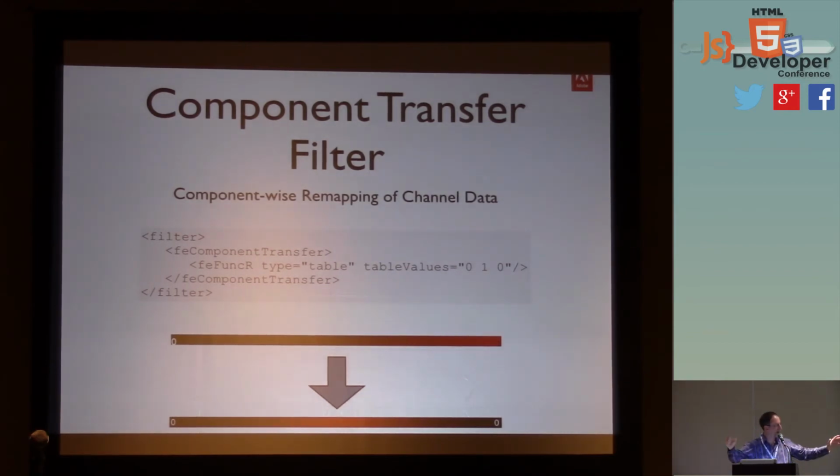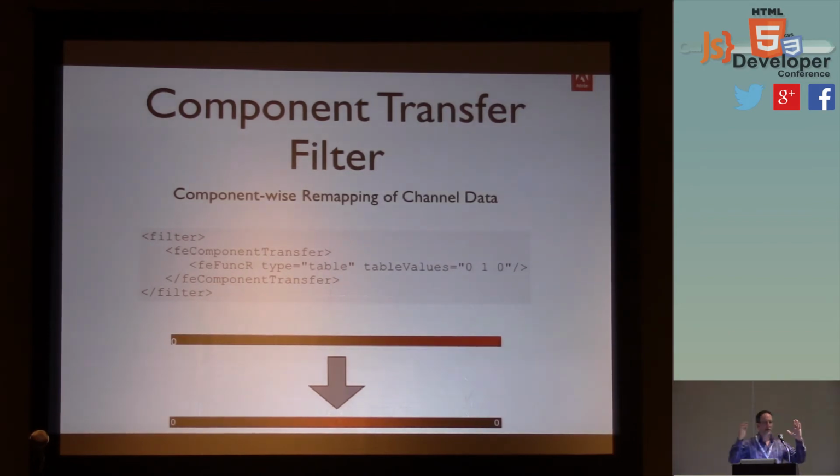You can define a gradient, and then you can map an image. You can take that gradient and remap the colors. If you think of a gradient, the left edge would be black, and the right edge would be white, and let's just remap it.